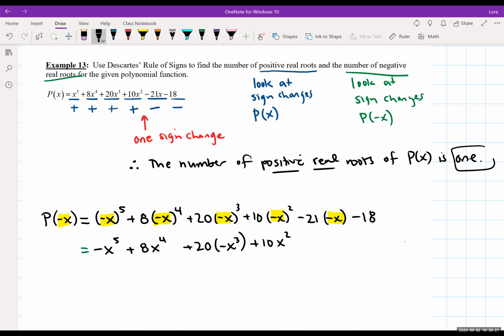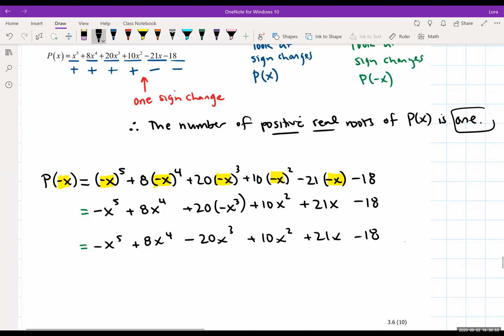Negative 21 times negative x becomes positive 21x, and then there's minus 18. So let's clean this up a little bit. I do have negative x to the 5th, plus 8x to the 4th, minus 20x cubed, so positive times negative, plus 10x squared, plus 21x minus 18. So now we have a cleaned up version of p of negative x.